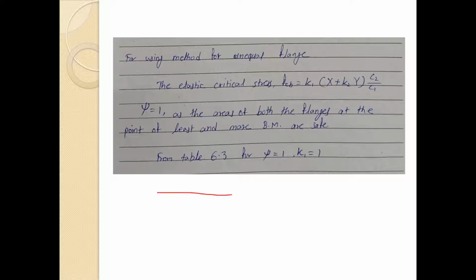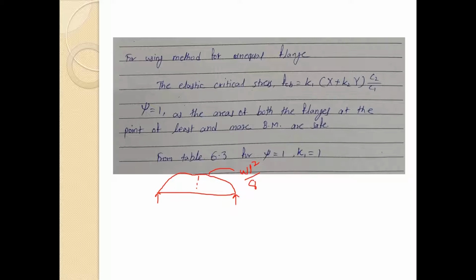So as we can see, we have the bending moment like this. So this is the bending moment, that is at the mid span. Supports are here. At the mid span, it is WL square by 8.